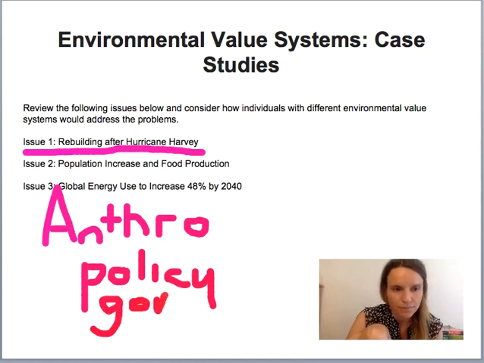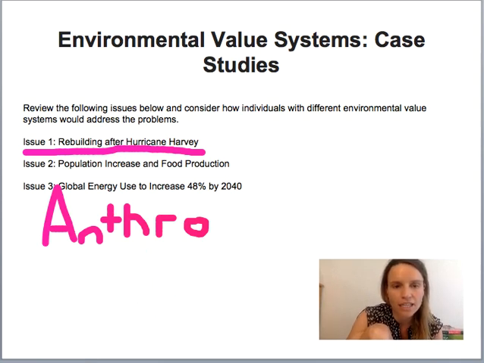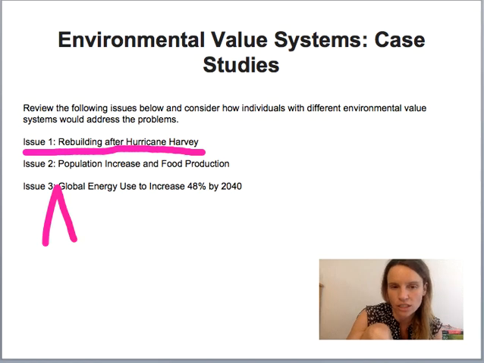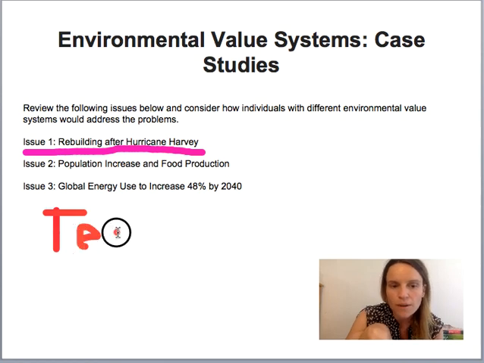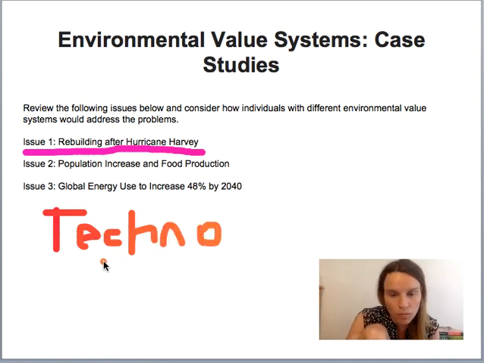Let's go back and think about if you were technocentric and you had to deal with rebuilding after Hurricane Harvey. You wouldn't necessarily think that the government had all of the solutions to that problem. A technocentric person would probably call up somebody like Elon Musk and say, listen, we've had this major natural disaster.